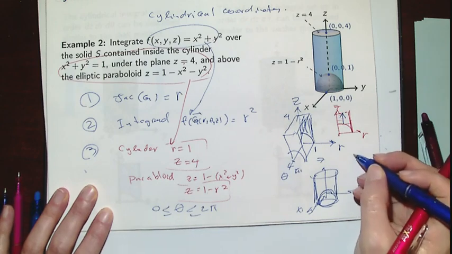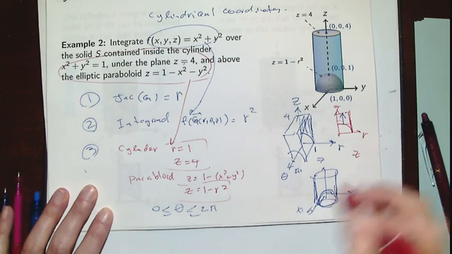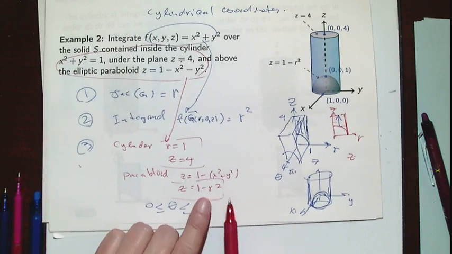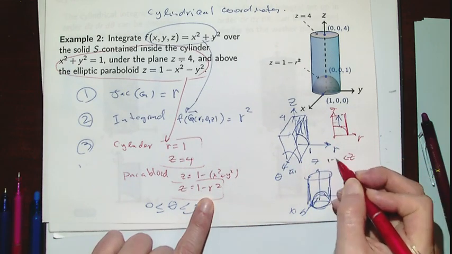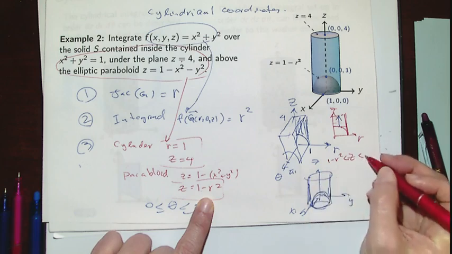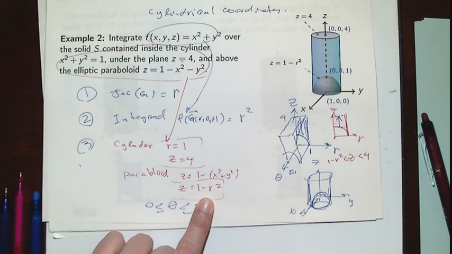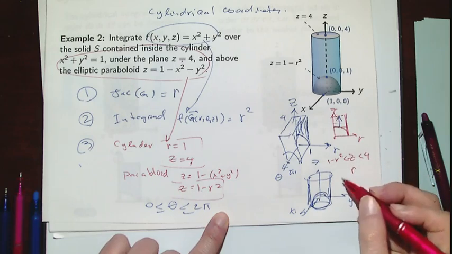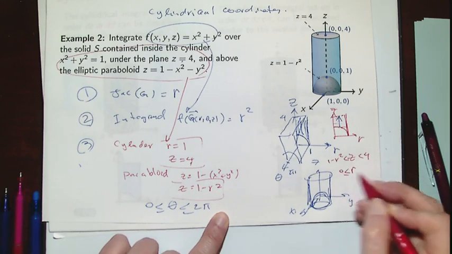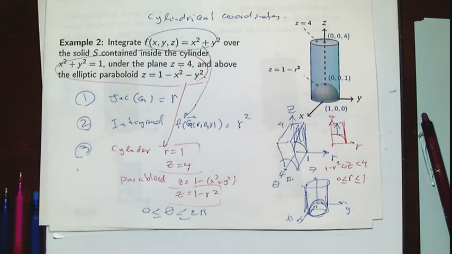So Z is between the lower bound, 1 minus r squared, and the upper bound, which is 4. R is between 0 and 1. Everybody agrees so far?